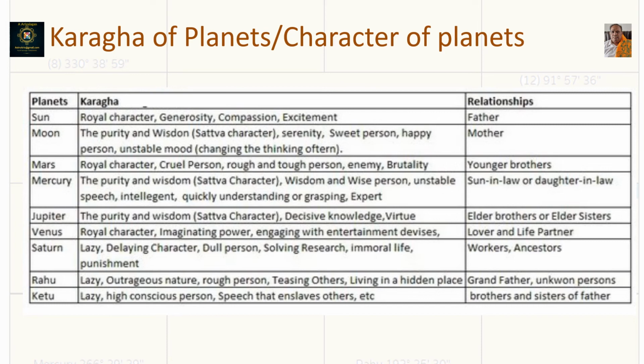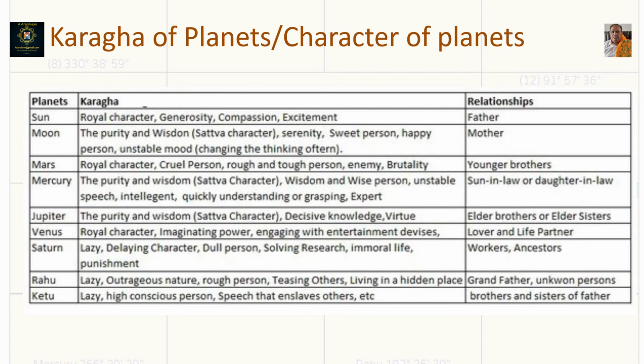Moon is purity and wisdom, love, children, serenity, a sweet and happy person, but with unstable, changing moods, because the Moon changes its phases. 14 days it ascends, 14 days it descends. So the Moon also changes the mood and brings changes in life. It represents mother.